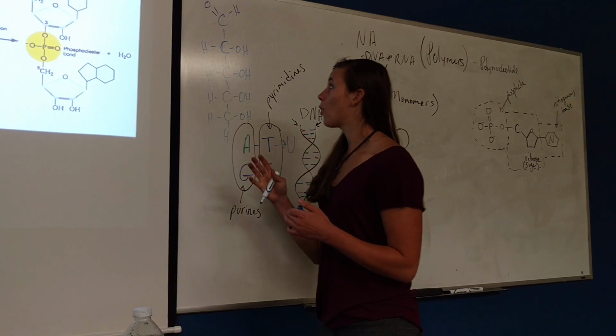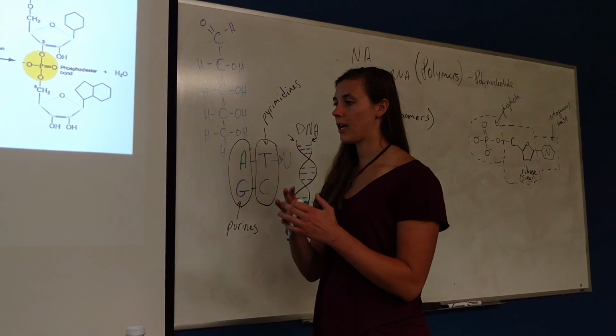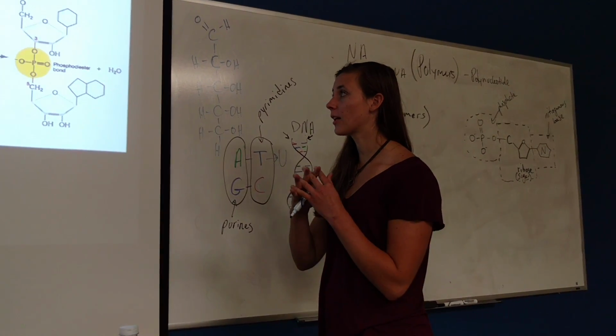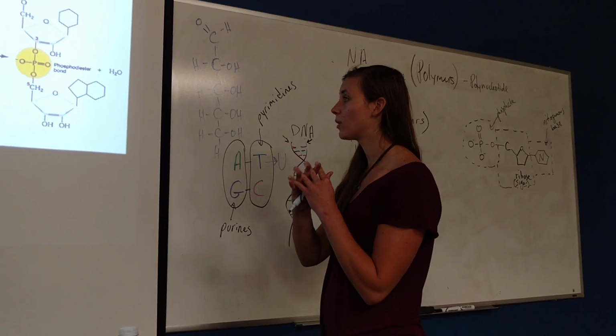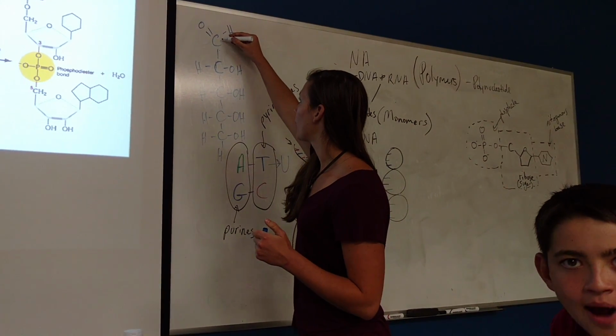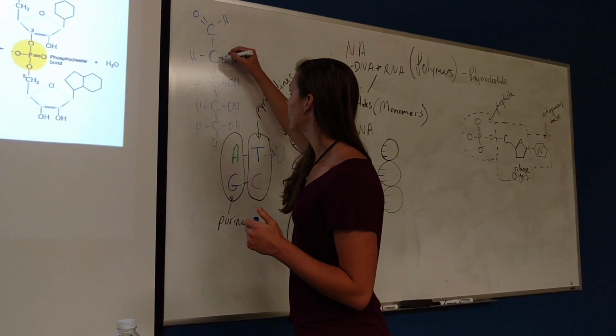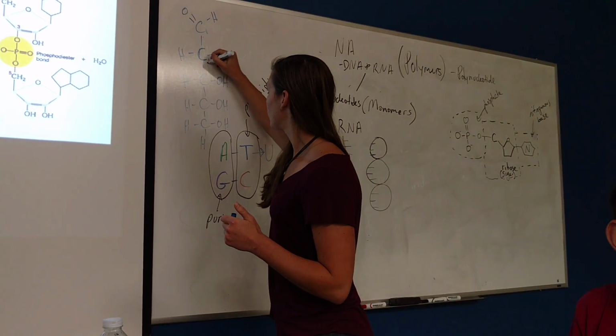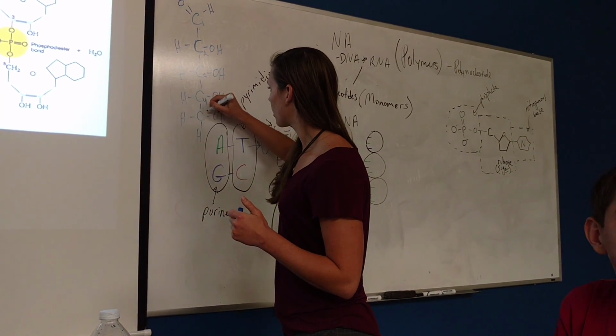But before we see it in its cyclic form or as a ring, we can number it and say this is carbon 1, 2, 3, 4, 5.